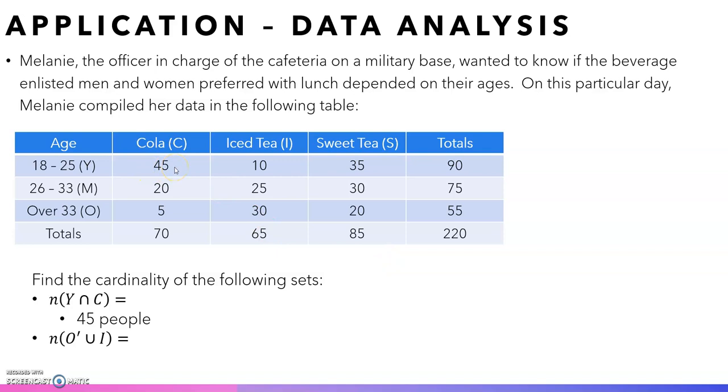Not old would be 45, 20, 10, 25, 35, and 30. Unioned with all the iced tea. We already counted the 10 and 25. We need to count this 30. Our cardinality is 195 people.